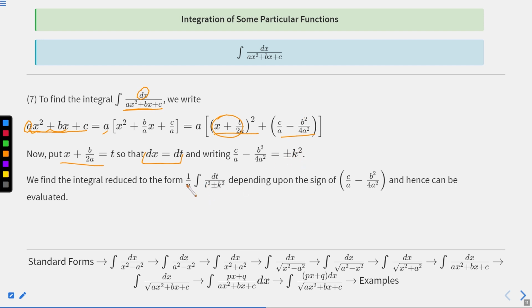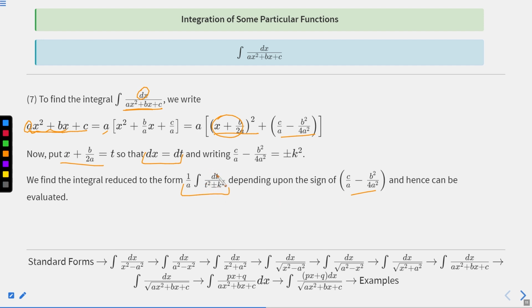So you will have this form: 1 by a integration of dt by t square plus or minus k square, depending upon the sign. Clear?